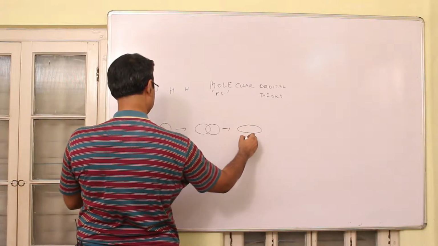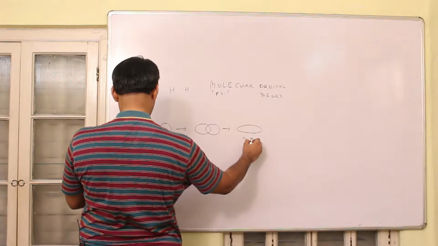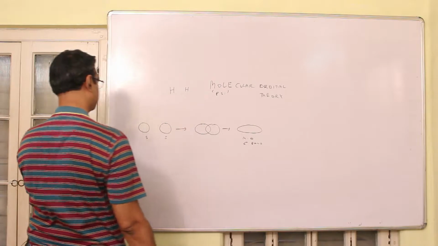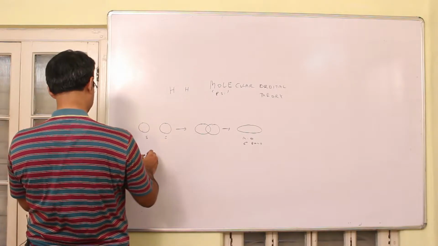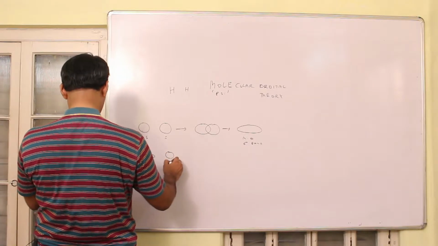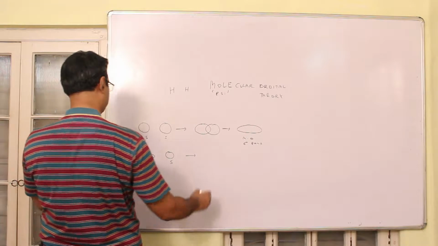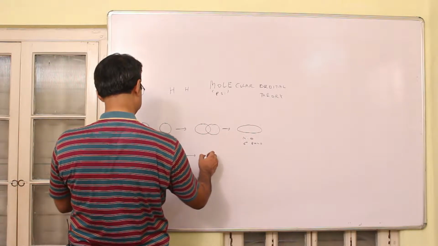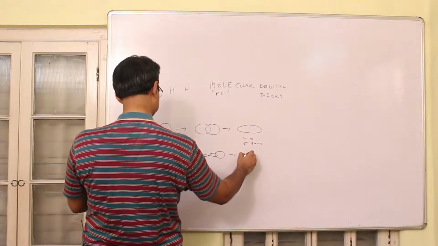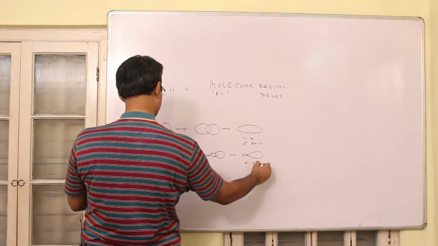So this is your molecular orbital, and this is known as a sigma bond. There is another way of obtaining a sigma bond, that is by the overlap of a p orbital with an s orbital. This is also a sigma bond.